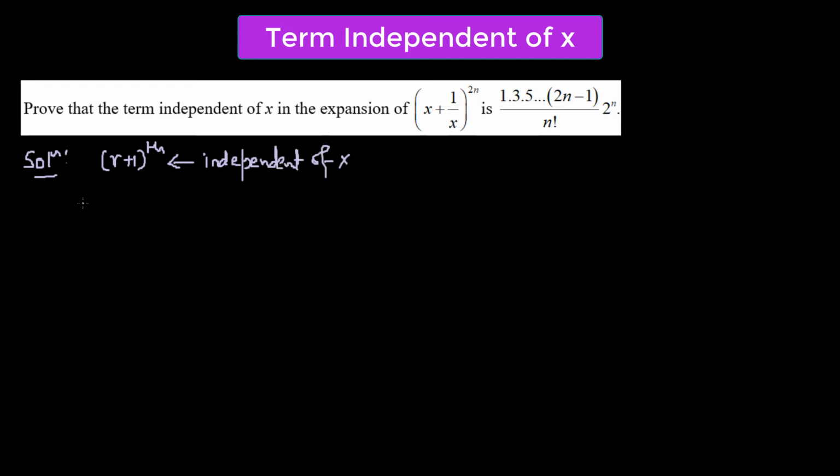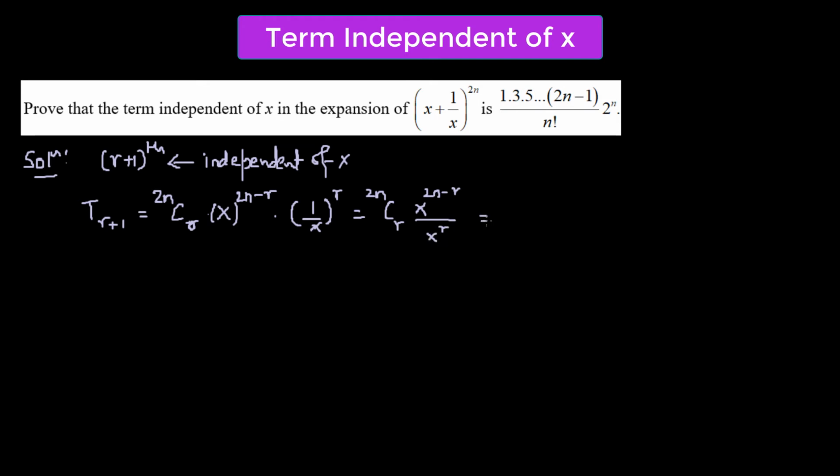Such that when we compute the r plus 1th term, that should give us 2nCn times the first term, which is x raised to the power of 2n minus r (this is not n, this is r) times 1 over x raised to the power r, which will be equal to 2nCr times x raised to the power of 2n minus r divided by x raised to the power of r, and we finally get 2nCr x raised to the power of 2n minus 2r.